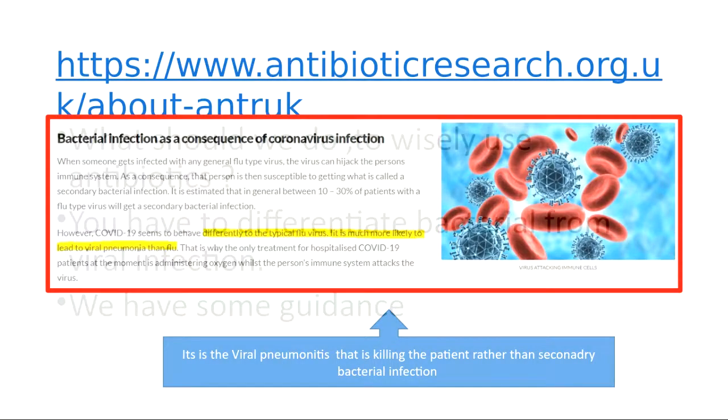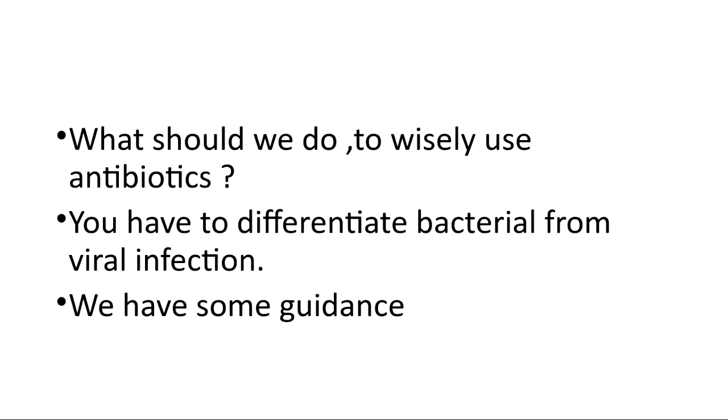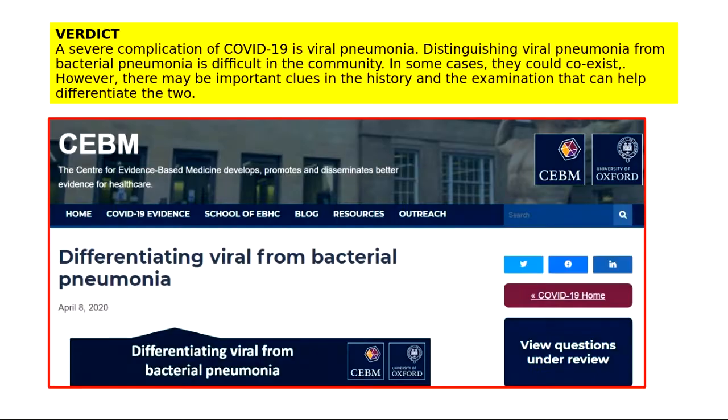So what we should do to wisely use antibiotic is differentiate bacterial from viral infection. And we have some guidance, by the way. This is from the University of Oxford, Centre for Evidence-Based Medicine. You can go to that website and it will give you some guidance on how to differentiate viral from bacterial pneumonia.